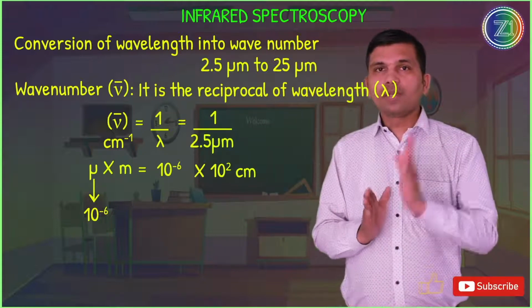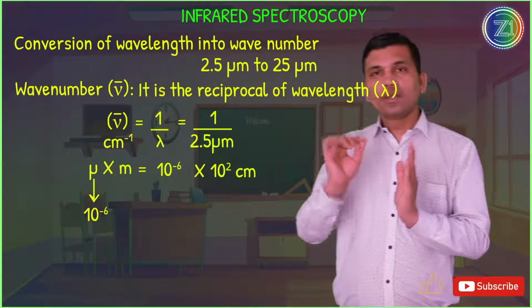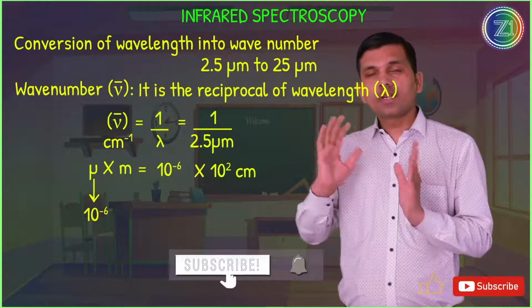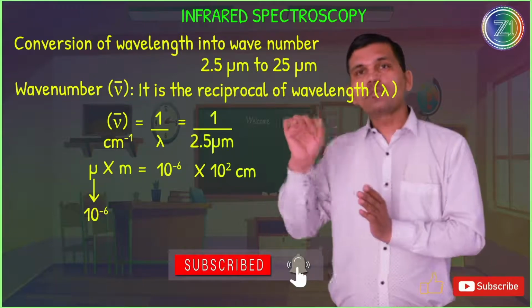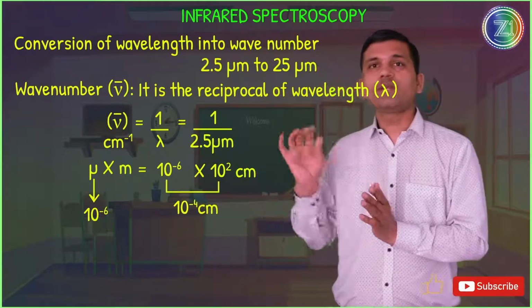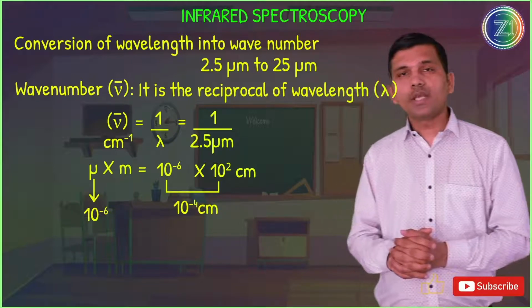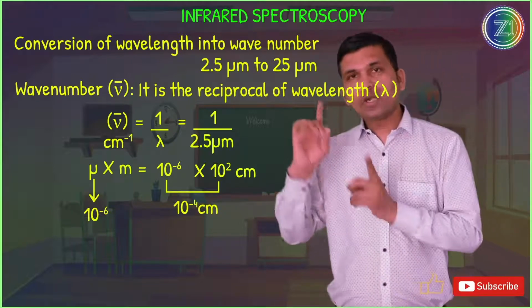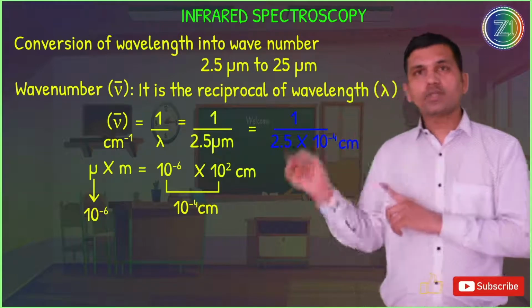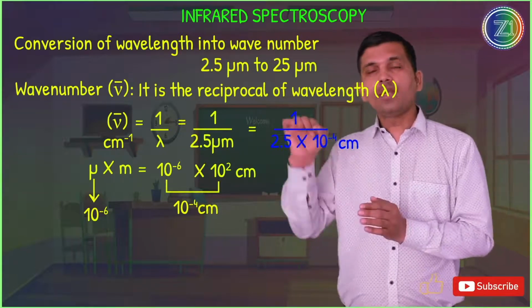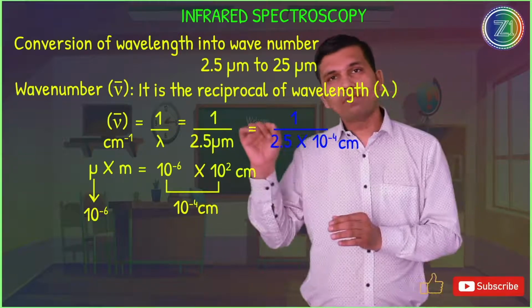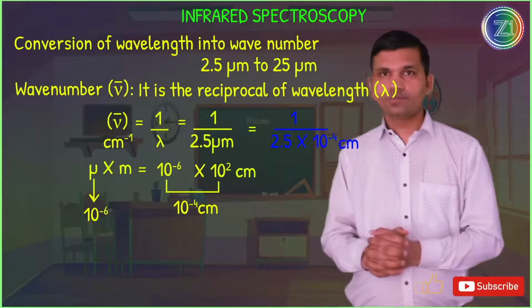Then this micrometer is converted to 10 raised to power minus 4 centimeters. So we can write 2.5 micrometer in terms of centimeter as 2.5 into 10 raised to power minus 4 centimeters.